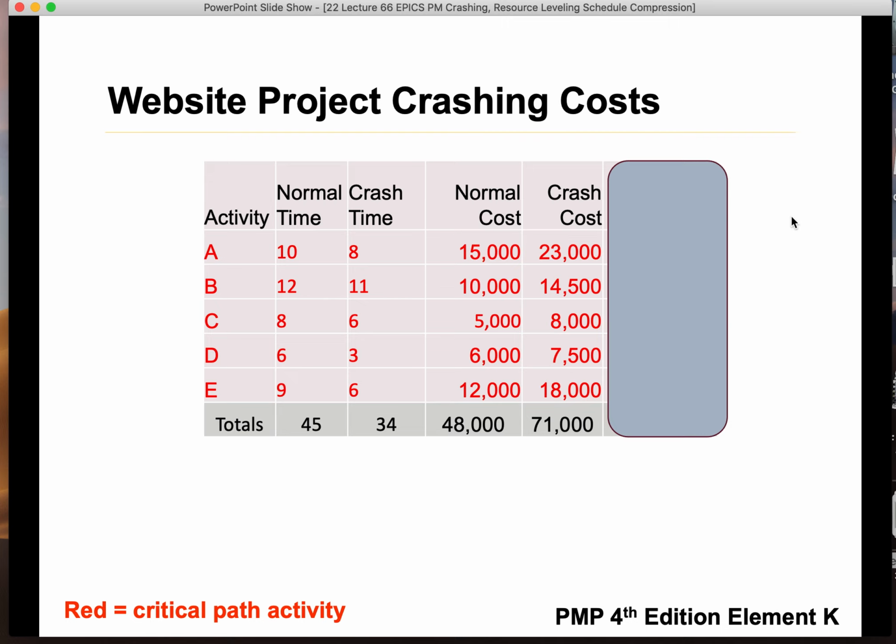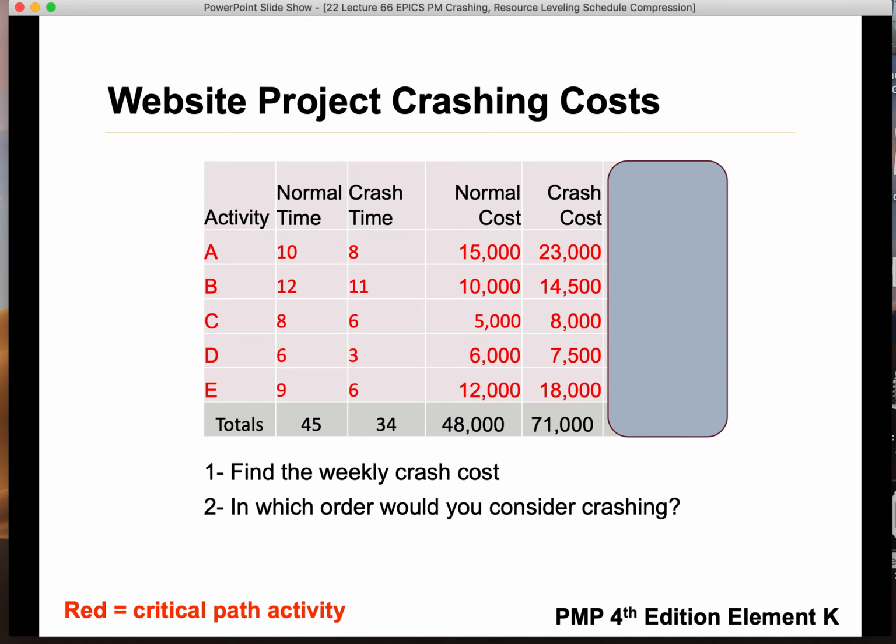I want you to find the weekly crash cost for each activity and in which order you would like to start crashing, and think about, as you can see, everything is in red, so we're thinking all the activities are on the critical path.